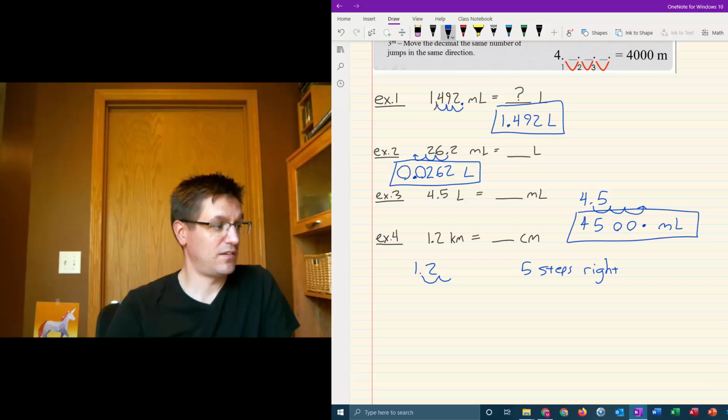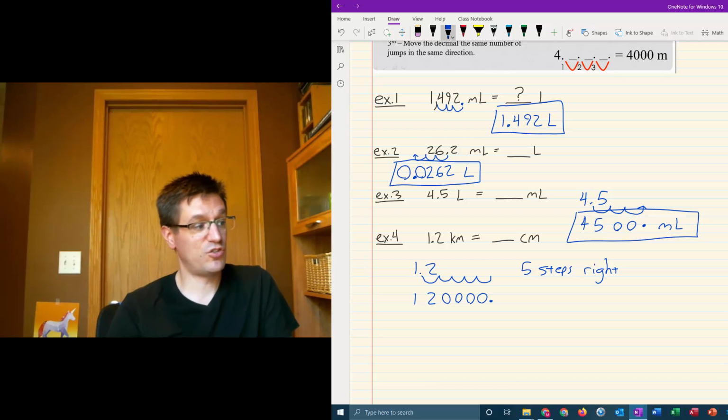So 1, 2, 3, 4, 5. Put my decimal right there now, and I will fill in the spaces with zeros. I've got a space here, here, here, and here. The answer is 120,000. And remember, my final unit I'm looking for is centimeters.